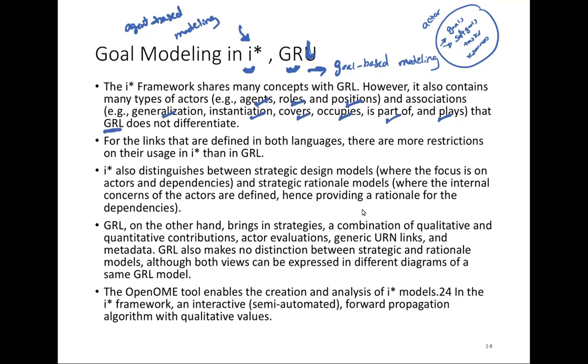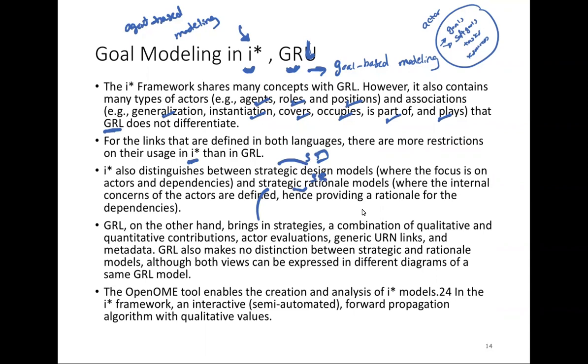For the links defined in either of the two languages, I-star or GRL, there are more restrictions on their usage in I-star as compared to GRL. In I-star, we differentiate between the SD models, in which the focus is on the actors and dependencies, and the SR model, where the internal concerns of the actors are defined.